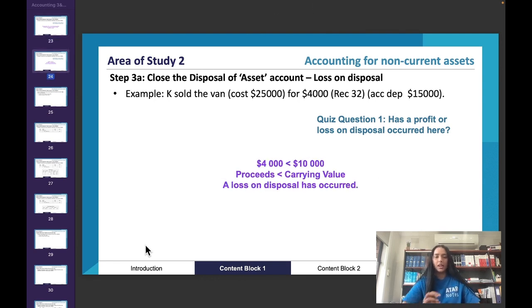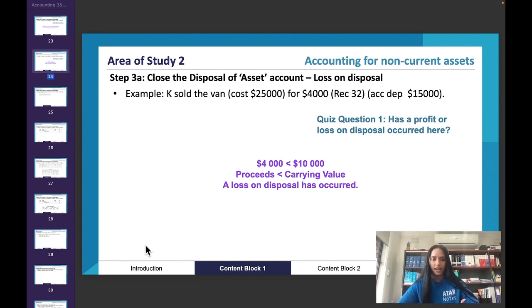And so then we look at the difference between the proceeds and the carrying value, and in this case $10,000 is greater than $4,000, which means that the carrying value is greater than proceeds, and so a loss on disposal has occurred in this example. So hopefully that gives you a bit of an idea about how we calculate whether a loss or a profit occurs.